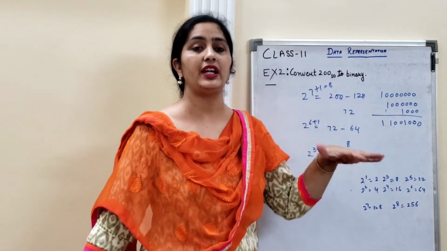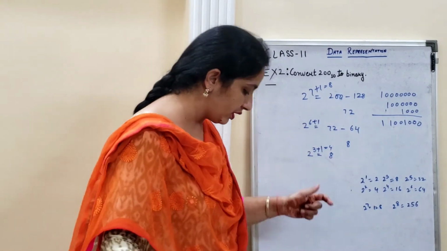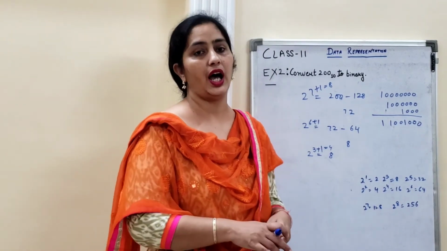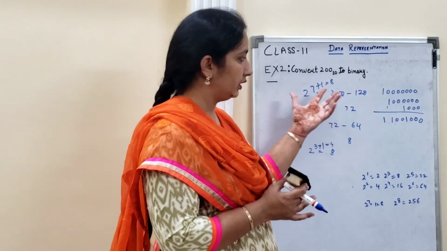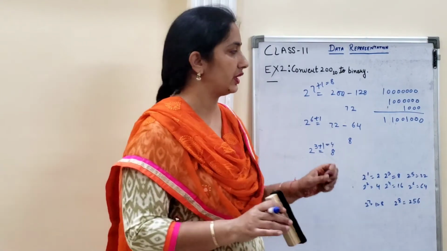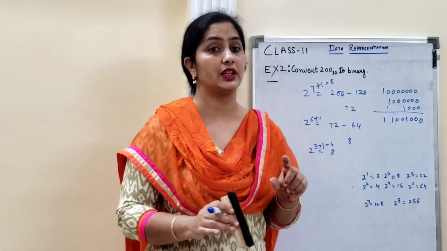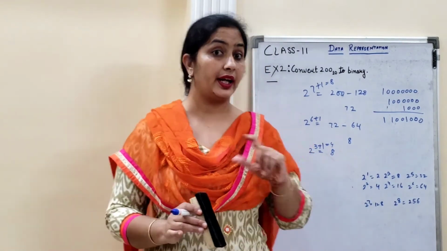So this is the very easiest method which you can do. Now we have one more method with the help of which we are able to convert any number. Now here if you observe, in the previous example I added 1 at the end. Here I did not.